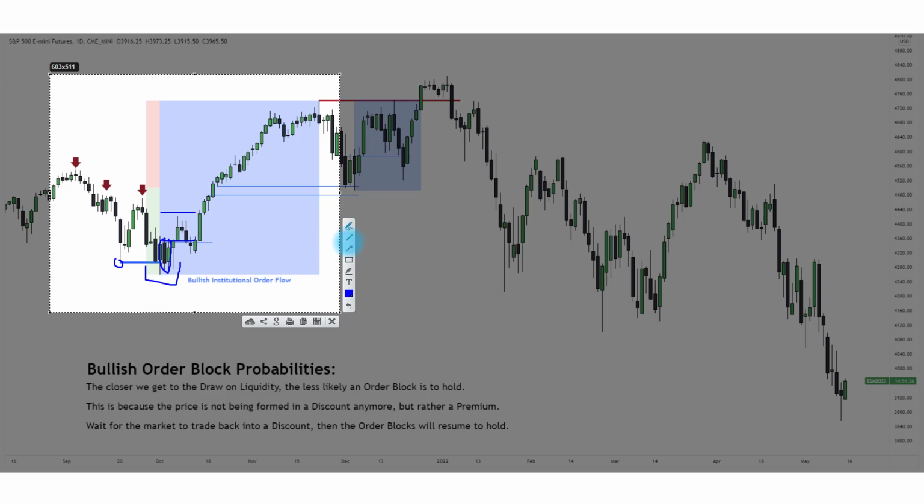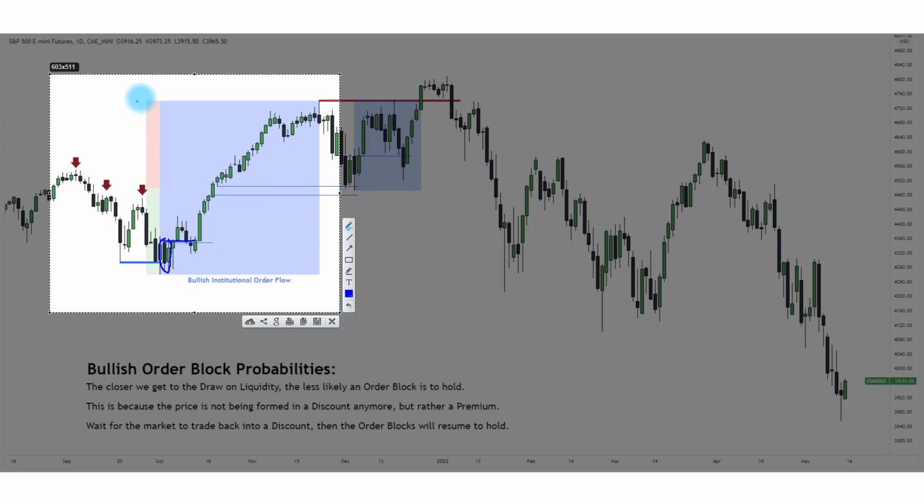Even if we took the range high to the range low, this would be a discount. But the more we start trading higher and higher to potential resistance levels, price starts to be in a premium market. And if we blend key levels or an order block in a premium market, they're not going to be expected to hold.